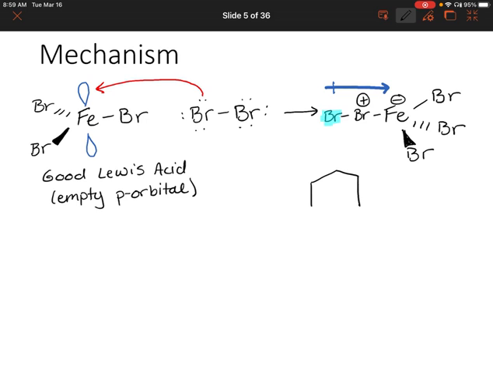So what will happen is the benzene ring is going to attack that partially positive bromine, and then we'll leave electrons behind on the other bromine. There's a lot of positives and negatives going on here, but hopefully it's making sense. And we end up forming that arenium ion, or that sigma complex intermediate.